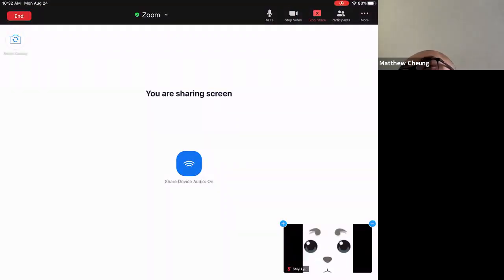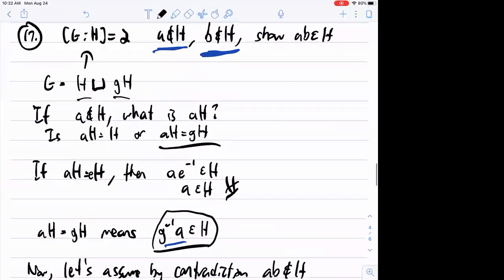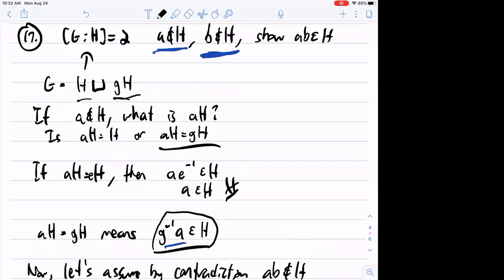Everyone follow? This argument really only works because we know A and B sort of belong here. If the index was not 2 and larger, it could be like A belonged to G1 H and then B belonged to G2 H, and things don't work well.